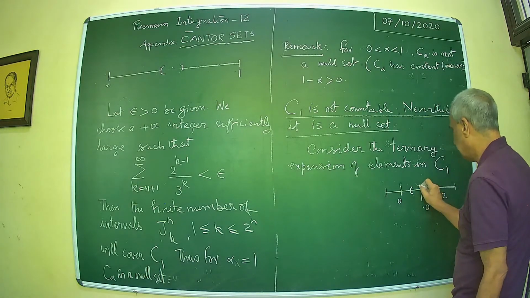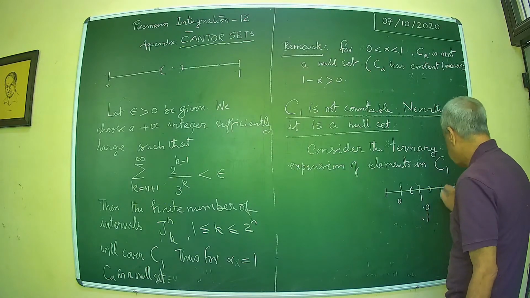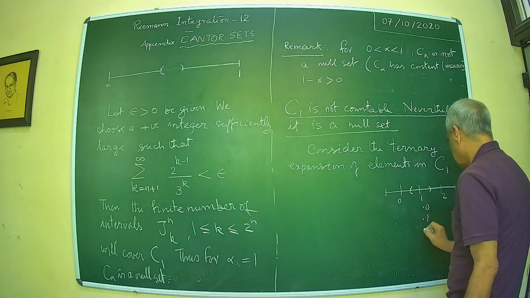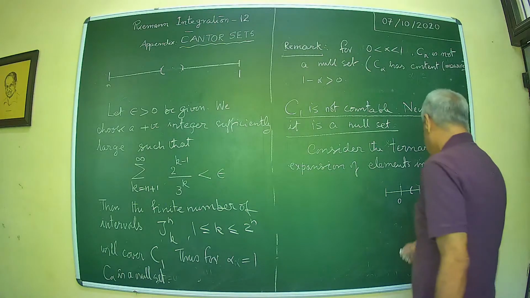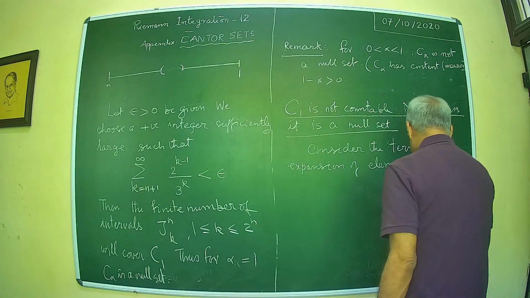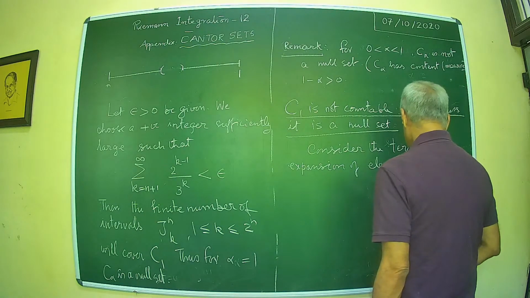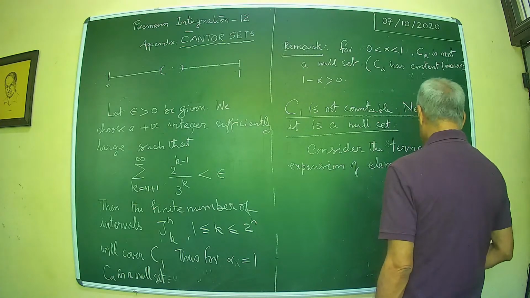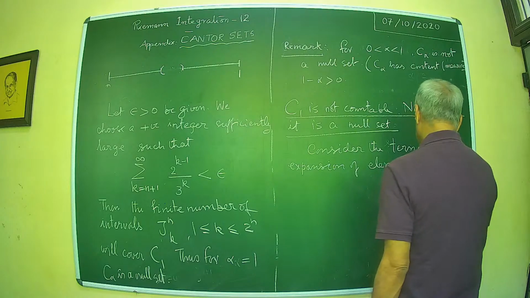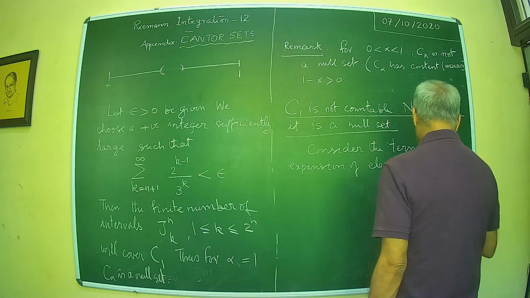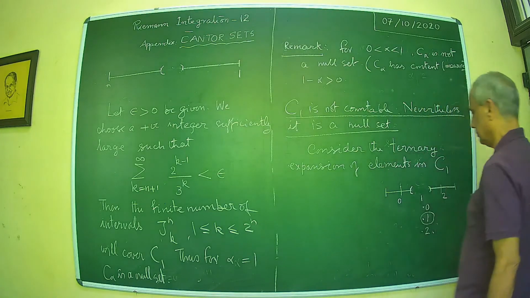If it is here, then 1. If it is here, then 2. Then you have removed the middle, so what is left at this stage has ternary expansion starting from 0 or 2 only.